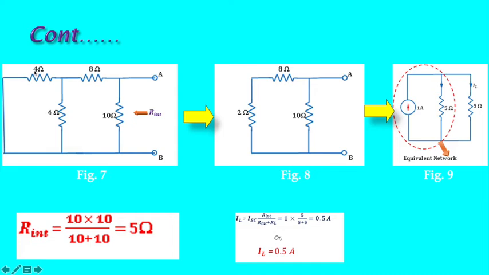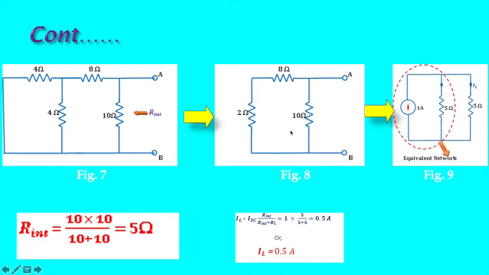Here 4 ohm and 4 ohm are in parallel and this resistance is in series, and this total resistance is in parallel with the 10 ohm resistance. So calculate R internal viewed from the AB terminals. R internal equals 10 into 10 divided by 10 plus 10, then we get 5 ohm resistance.